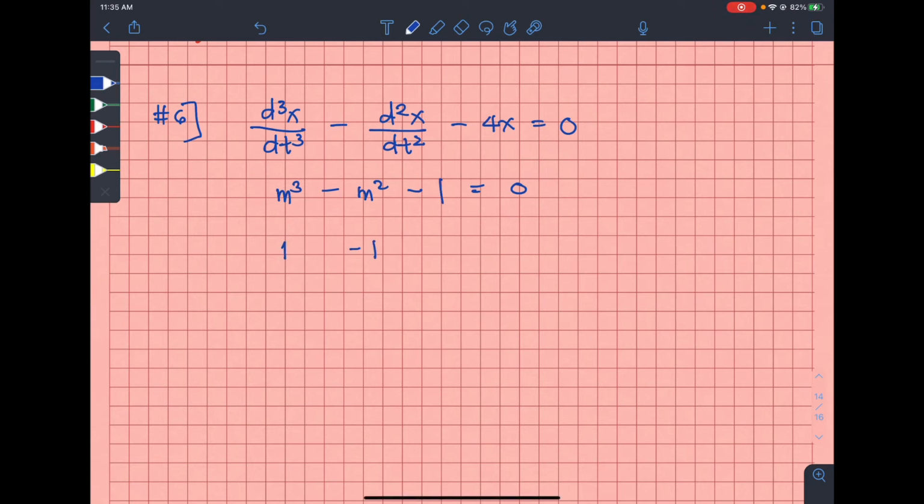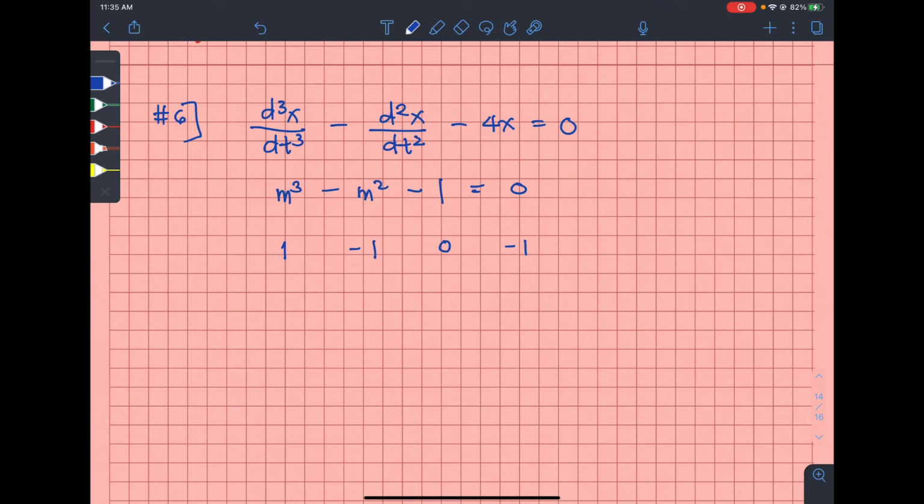Kaya lang we have to complete all the terms on the given equation kasi wala yung m. So since walang m, that would be 0, and then the constant would be negative 1. So 1, negative 1, 0, and negative 1.